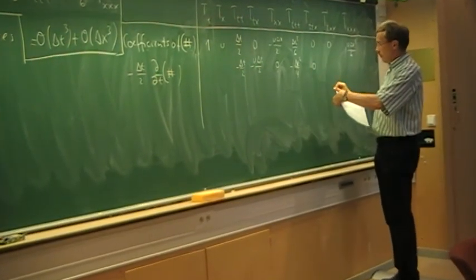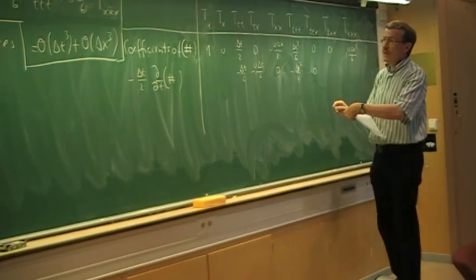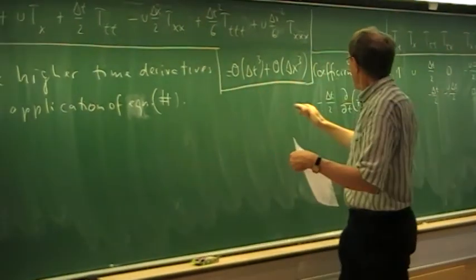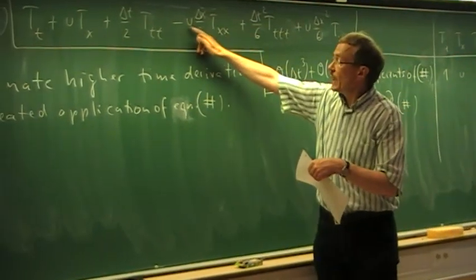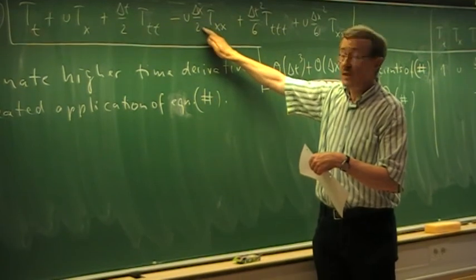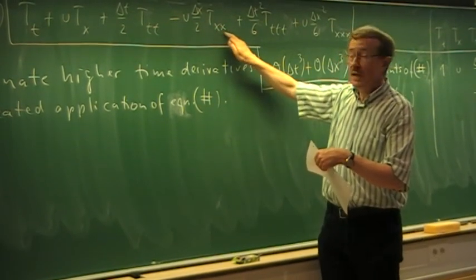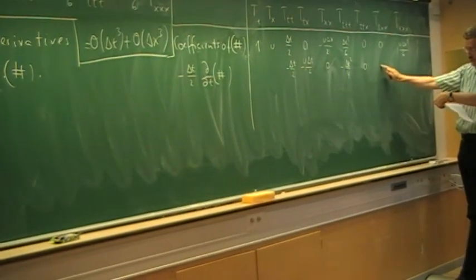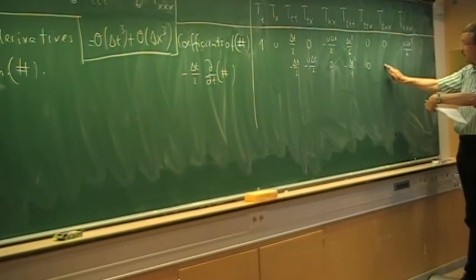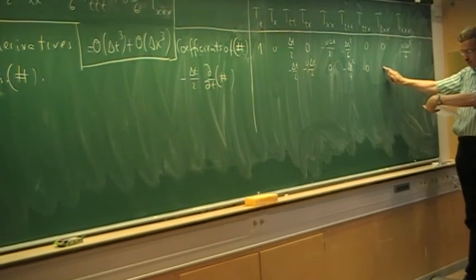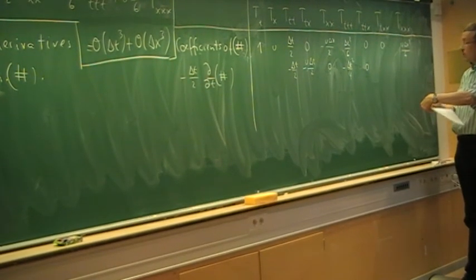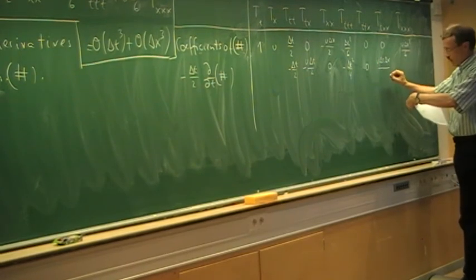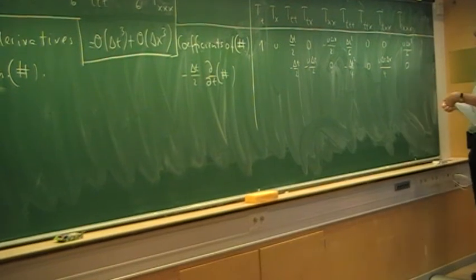Then we get a 0, and from this here, minus delta t half, we get plus u delta t delta x divided by 4 t x x. So that is the term u delta t delta x divided by 4, and here we get the 0.